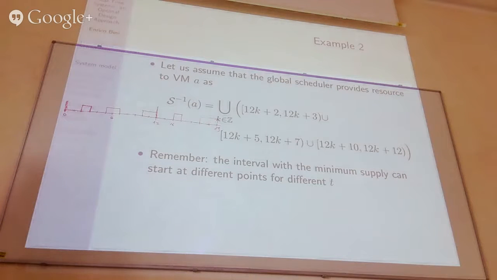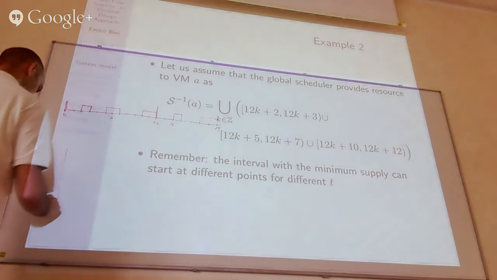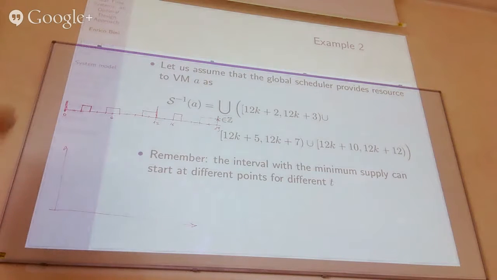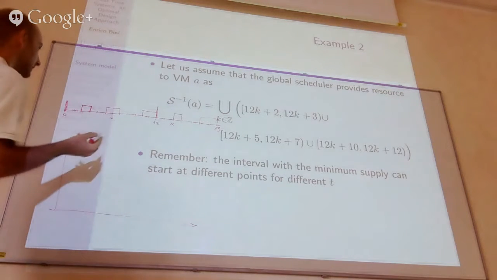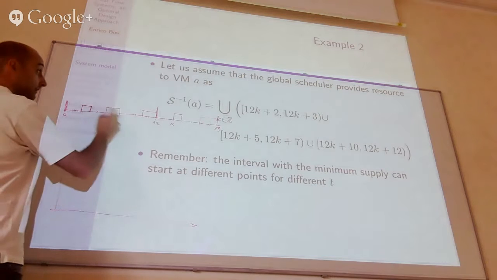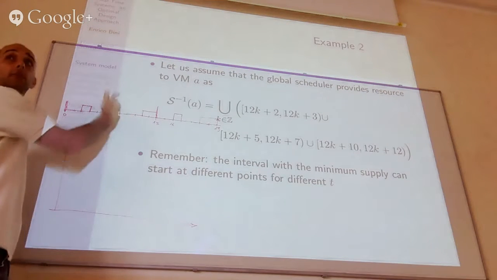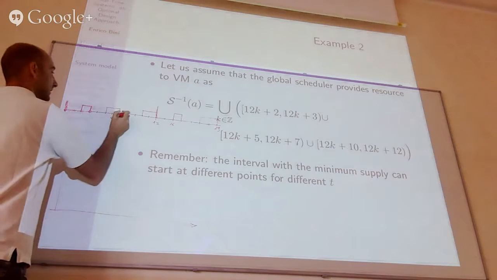Okay, now let's try to compute the supply bound function in this case. As I said before, we can restrict to the set of start of idle intervals. Since in a period there are 3 idle intervals, the possible start times of idle intervals are 3. So it's this, and this.